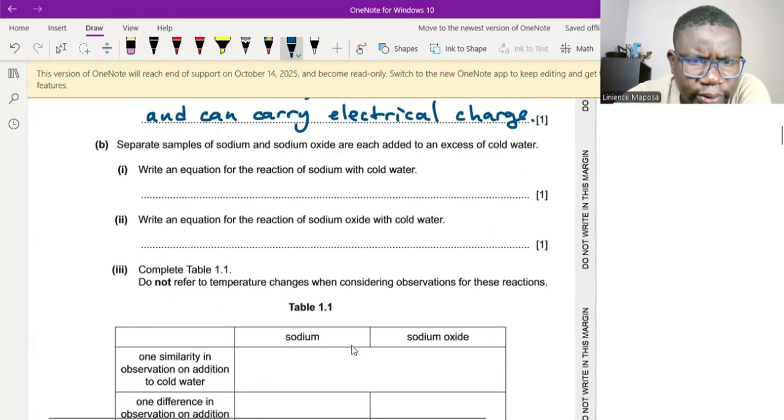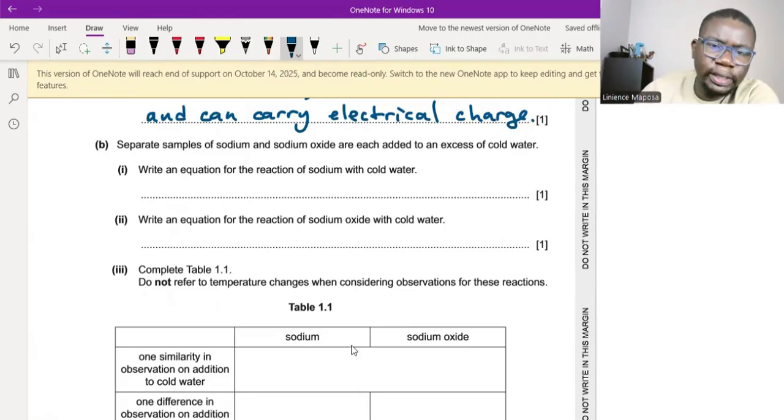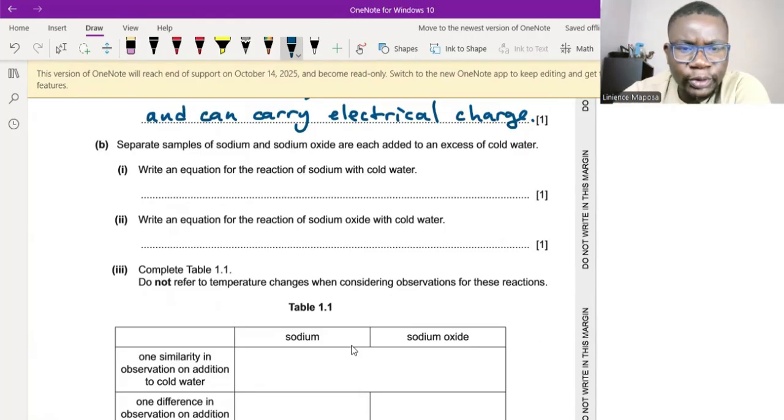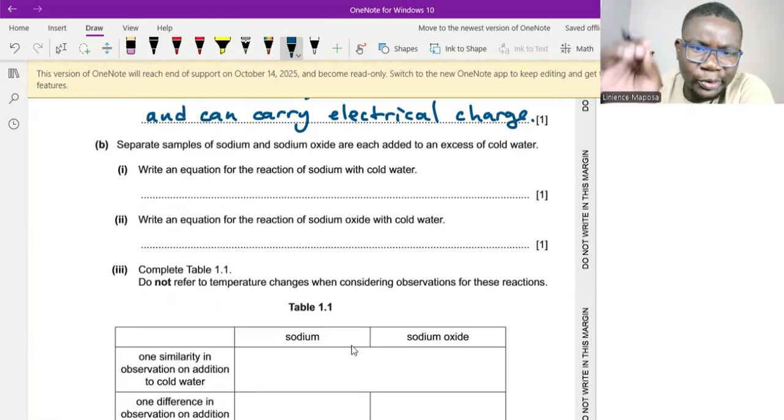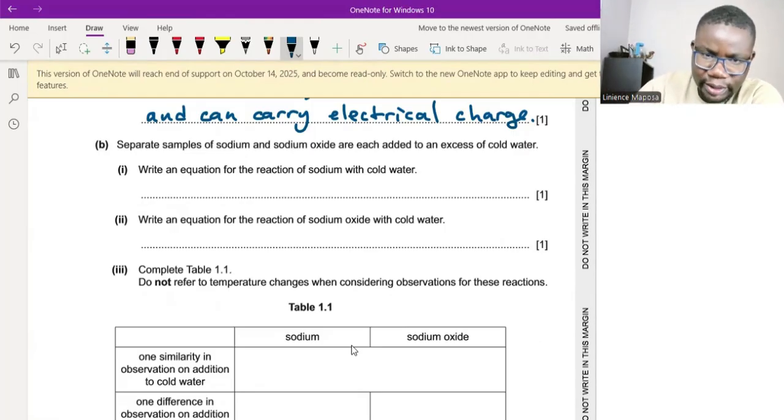Okay, separate samples of sodium and sodium oxide are each added to an excess of cold water. Write an equation for the reaction of sodium with cold water. So this is a metal reacting with water. We know this reaction. When you drop solid sodium metal on water, it melts and starts going in circles above the water with a flame, releasing hydrogen gas.